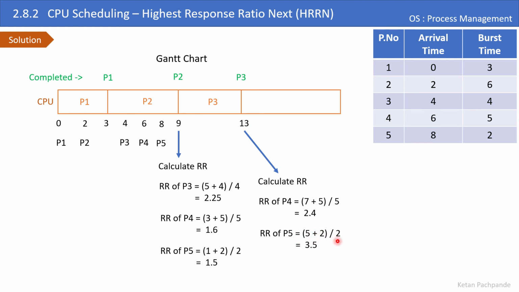So (5 + 2) by 2, it is 3.5. So at this moment P5's response ratio looks higher, 3.5, and that's why process P5 will get scheduled to the CPU. At time t is equal to 15 it will finish, and at this moment I have only one process to schedule, that is P4, which will complete at time 20.